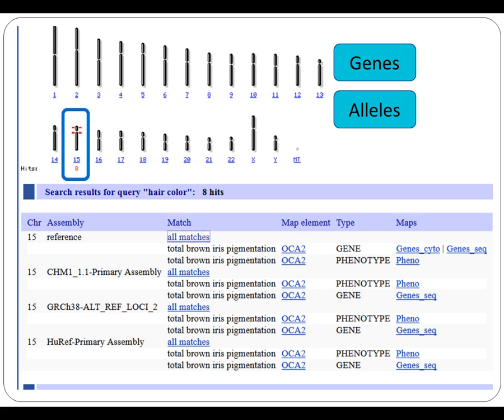All right, so before I move on, are you okay with what a gene is? What is a gene? What does it do, or where is it found? It's a sequence of DNA that codes for a protein, and it is found on individual chromosomes.